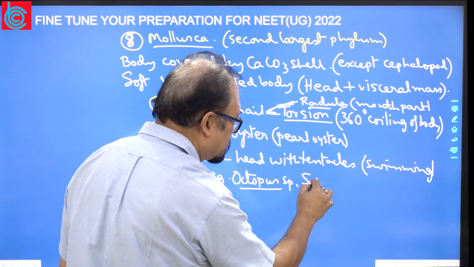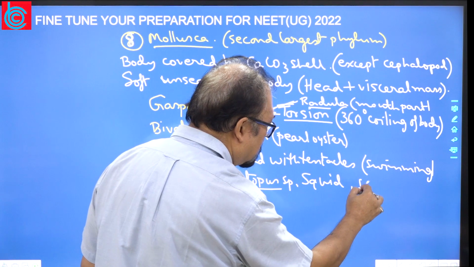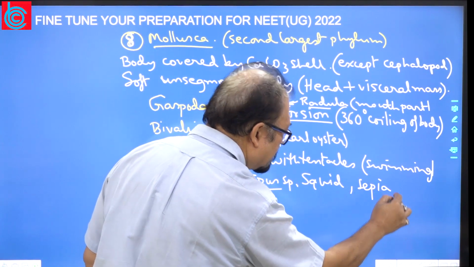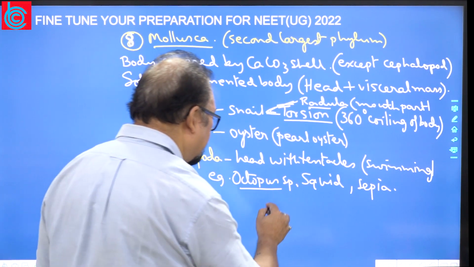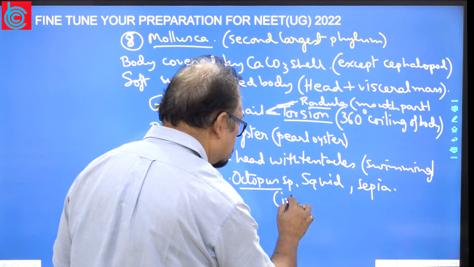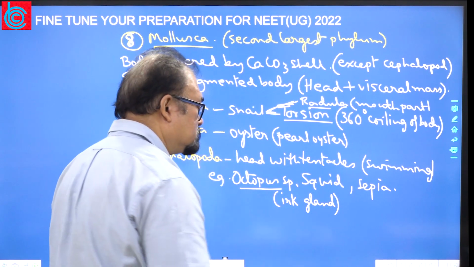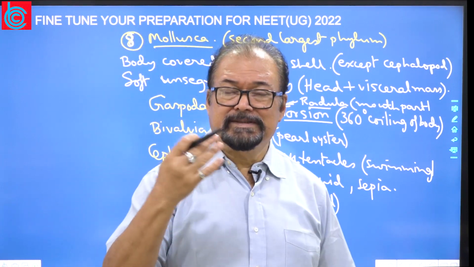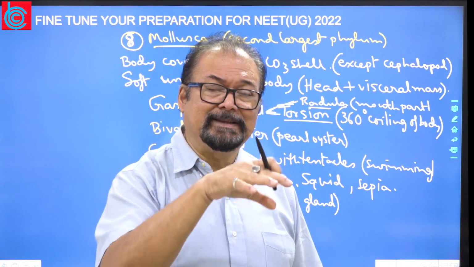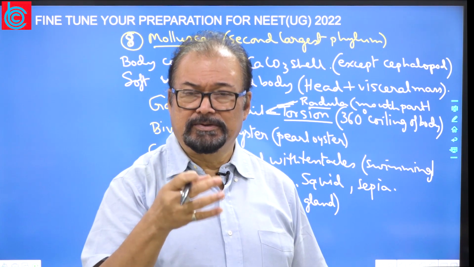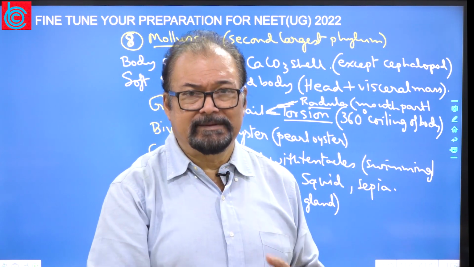Example, squid. Example, sepia. These animals have ink gland. What is ink gland? They produce a black colored pigment. So when any animal is attacking them, these soft bodied animals release the ink like cloud to protect themselves.